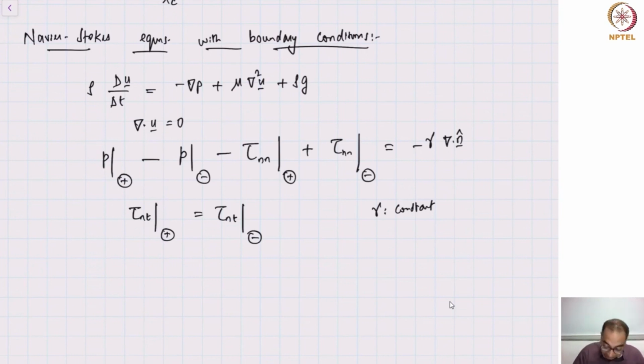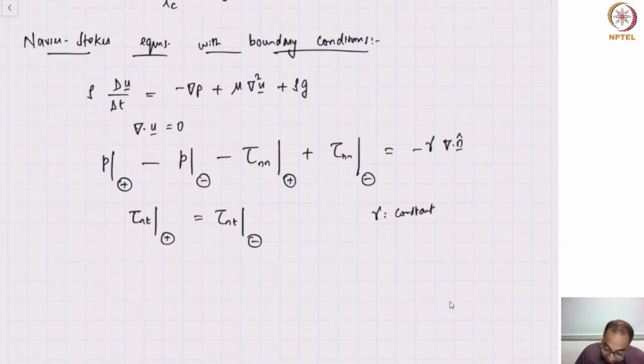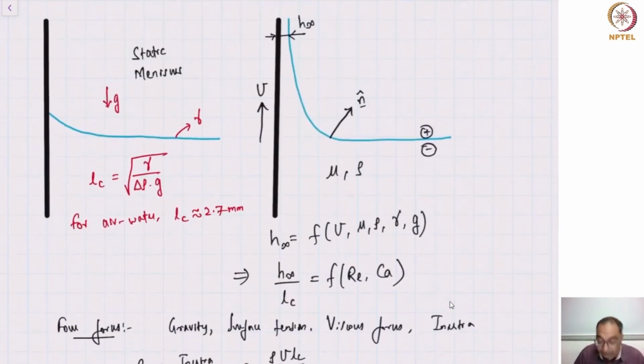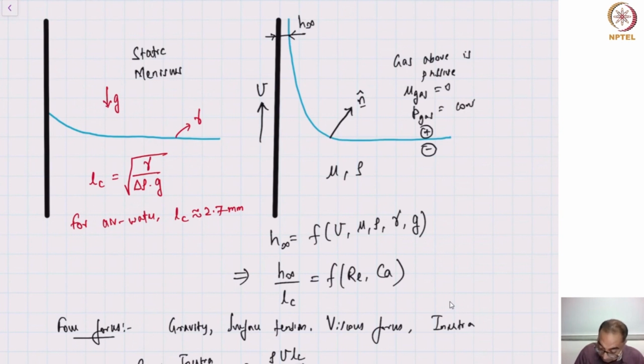Now we can make further simplifications. Remember, the plus is the fluid above, and I already said the gas is passive, meaning its viscosity can be neglected. So mu gas is 0, and P gas is constant, and you can just call it some constant atmospheric pressure.